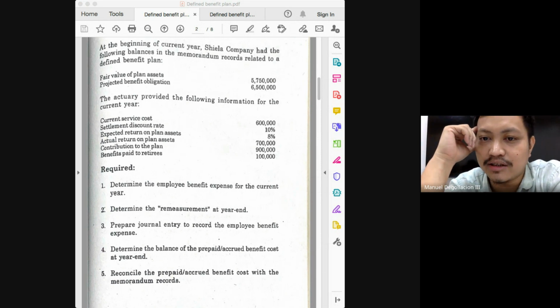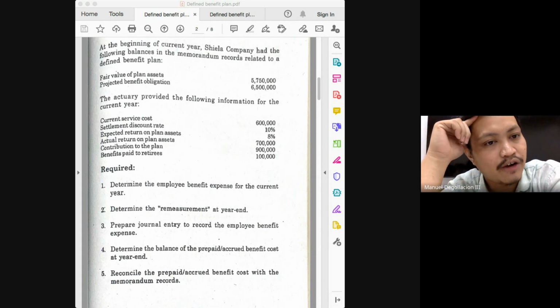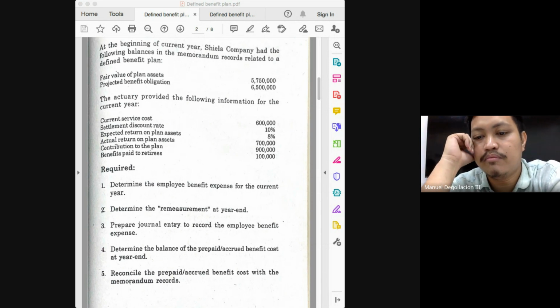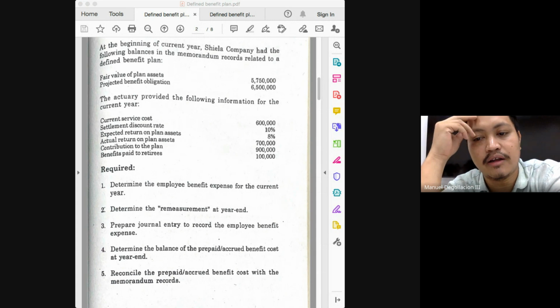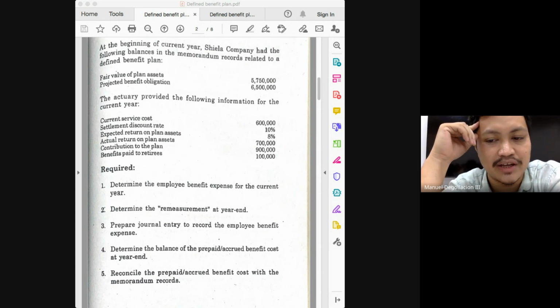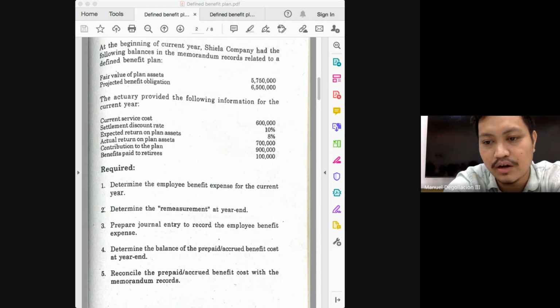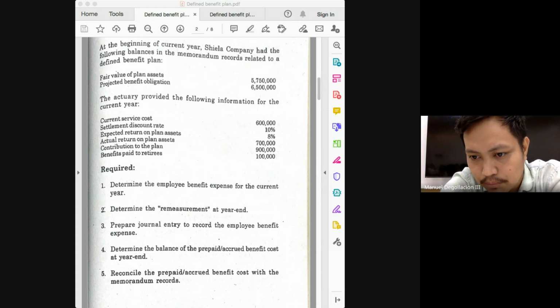Do we have any settlement, class? No, so this one would not be part of our computation. So far, what do we have? 5,750,000 plus 900 plus 700 and then minus the payment of benefits in the amount of 100,000. How much is that?